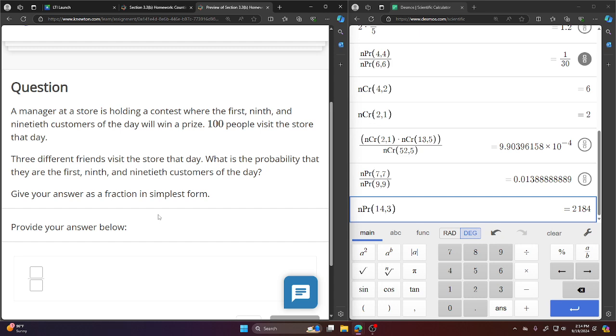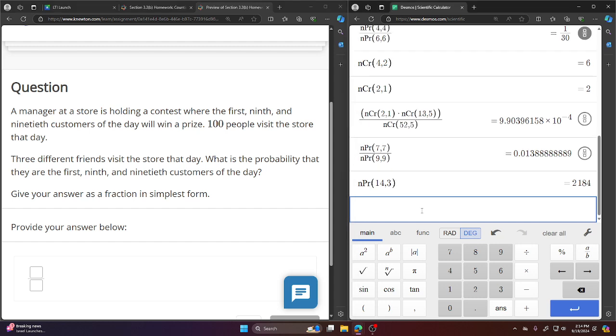3 different friends visit a store. We got 100 people visit that day. What's the probability that they're first, 9th, and 90th? I think we've already done this kind of style before, right? So we've fixed the 3 into their positions. How many people can move around? 97. Out of those 97, who came in the store? 97.